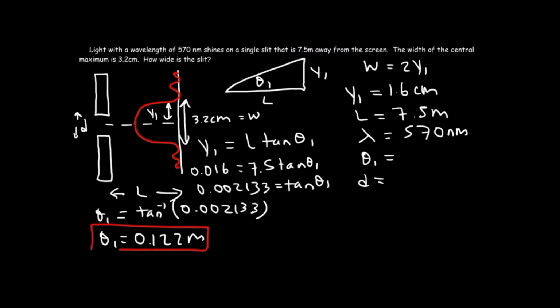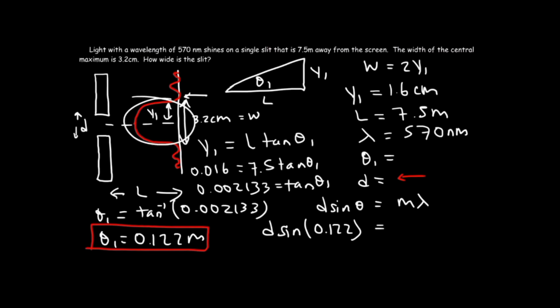Now we can calculate the D. D sine theta equals m times lambda. So this is going to be the sine of 0.122, and m is 1 because we're dealing with the central maximum only. 1 times the lambda, which is 570 times 10 raised to negative 9.